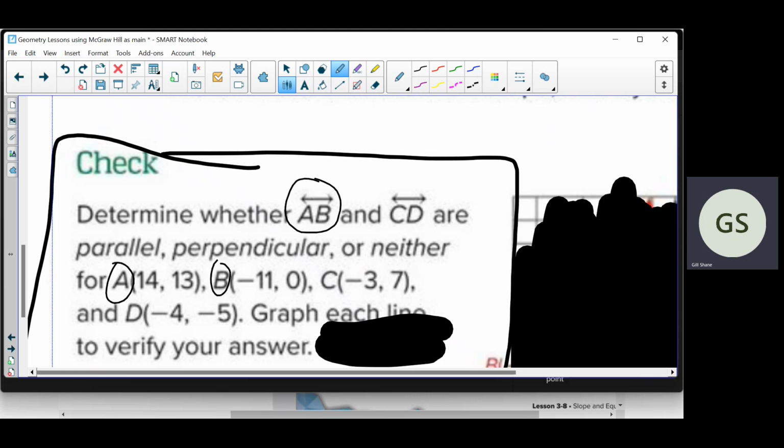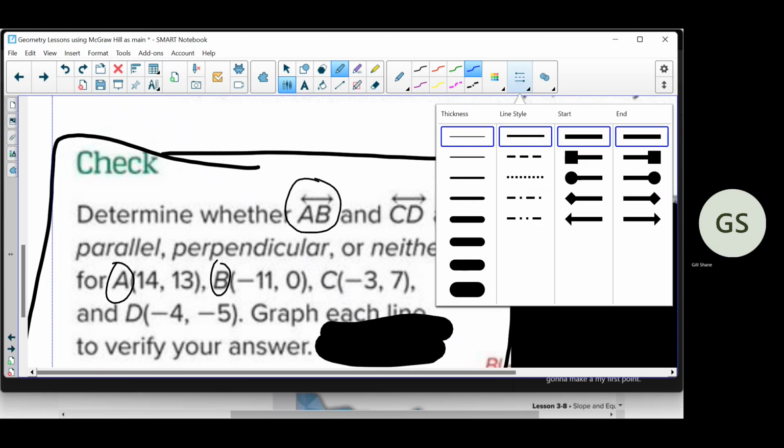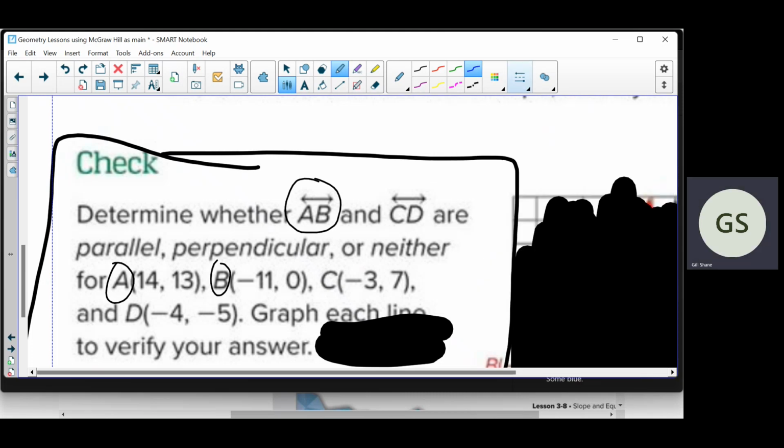Remember, we know how to name points. So I could say, all right, well, I'm just going to make A my first point. Let's keep this in blue. So that's my x1, that's my y1, this is my x2, this is my y2. Now I can do that whole process I showed you before, y2 subtract y1 divided by x2 subtract x1.